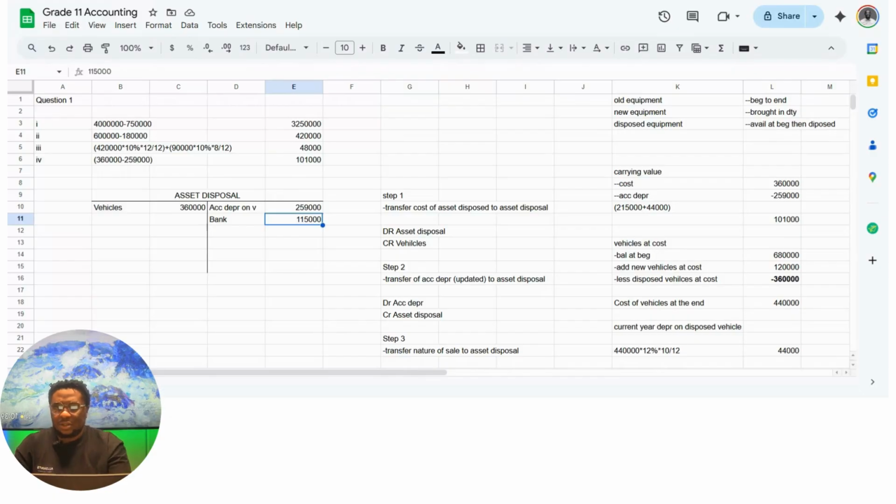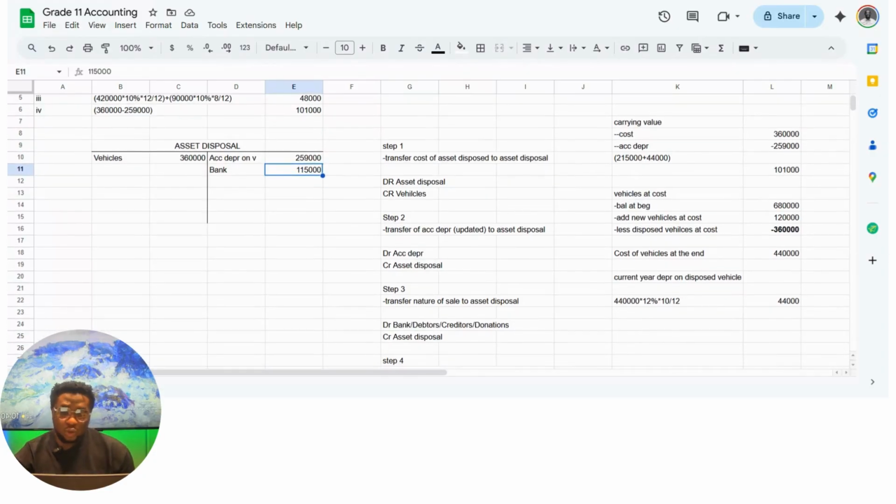So in that case, you can see that we sold a vehicle which was worth 101,000 and we sold it for 115,000. So that means there's a profit, which would be the difference between 115,000 and 101,000. So the profit in that case would actually be 14,000.